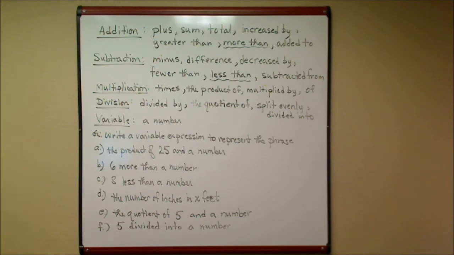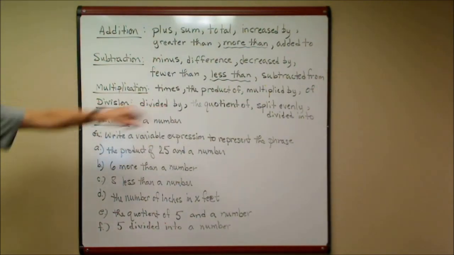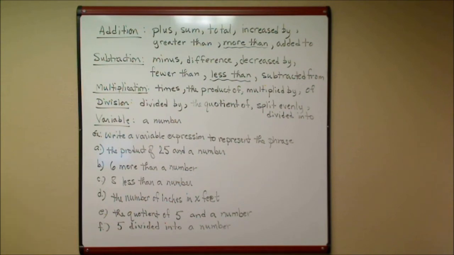Division: you have divided by, the quotient of, split evenly. When something is split evenly, you're dividing by how many you're splitting it into. And then one that looks like divided by, but it's divided into. There again, we have a little bit of interpretation on what's being divided by what, and I'm going to get to an example of that one also.